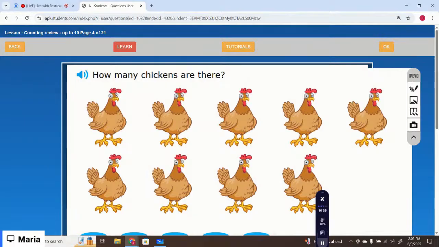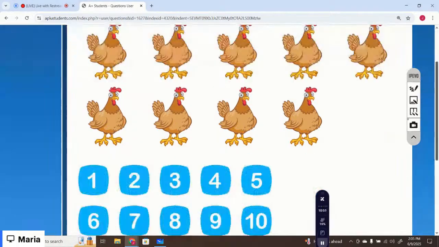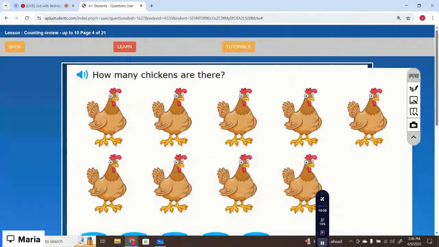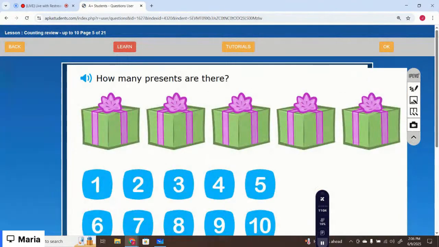How many chickens are there? One, two, three, four, five, six, seven, eight, nine. There are nine chickens. The correct option is nine. How many presents are there? Which is the correct option?